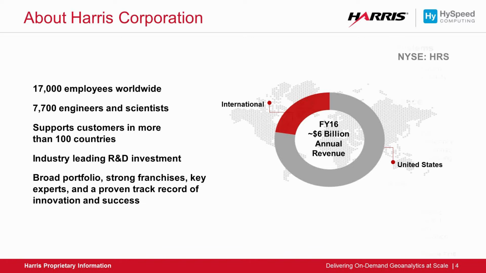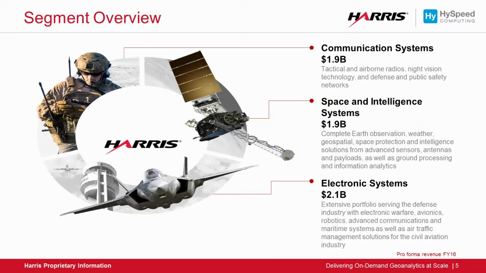Harris is divided into 3 segments. Our particular segment is called Space and Intelligence Systems, which you'll see over there on the right. We're in the Earth observation business, and we've been flying payloads and sensors on satellites pretty much since they started.